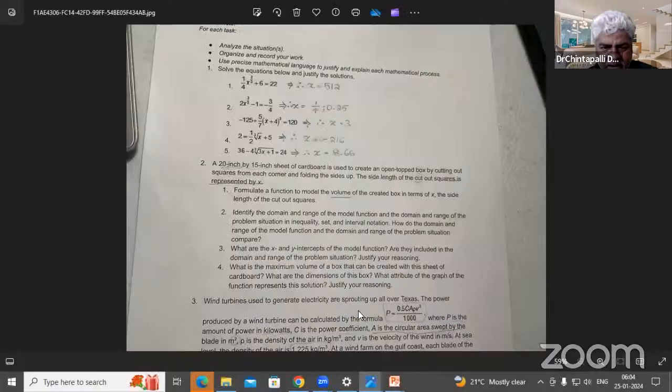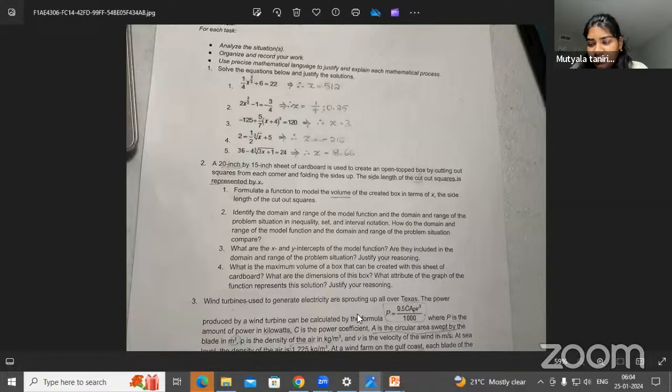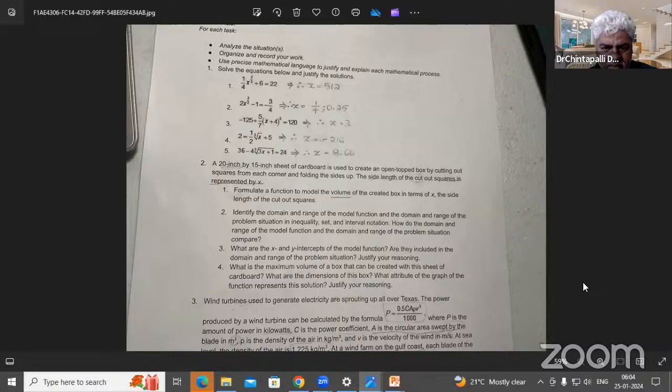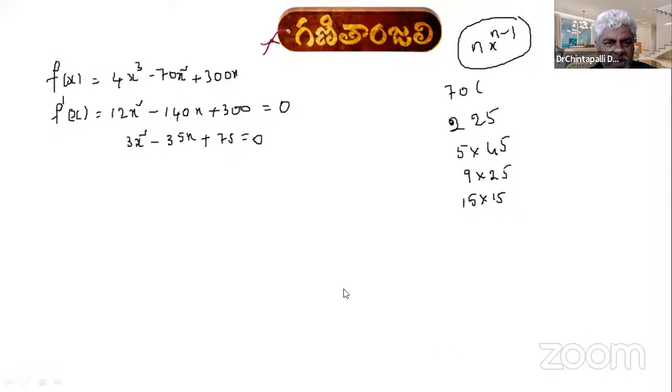See clearly, I'm drawing a graph. Can you see the graph board now? I can see the whiteboard. Note this point.